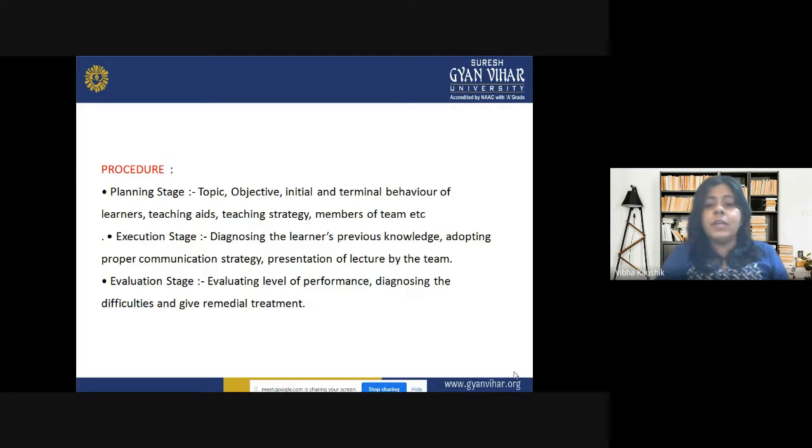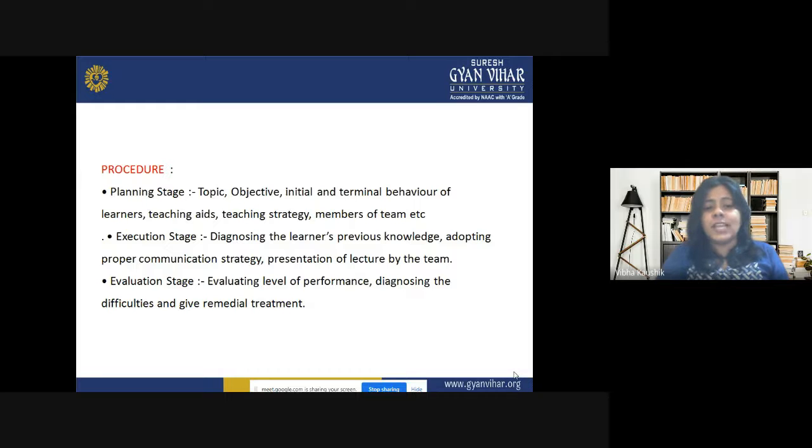Initial and terminal behavior of learners: what is the starting behavior of the learner and what we expect the behavior to be changed. Teaching aids: different teaching aids being used by the teacher. Teaching strategies: different teaching strategies that will be applied by the teachers to make team teaching a successful teaching method. Members of team: different members who are involved in the team teaching.